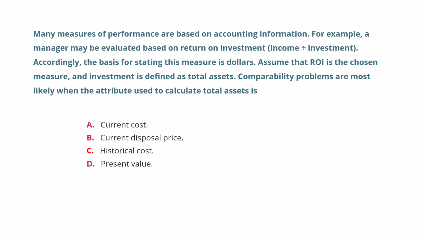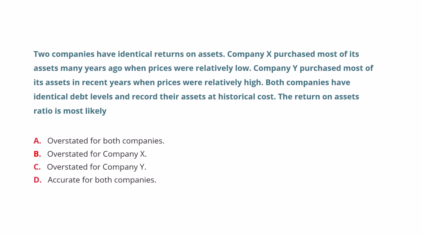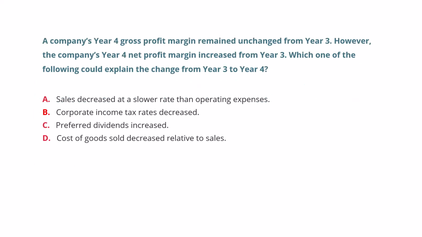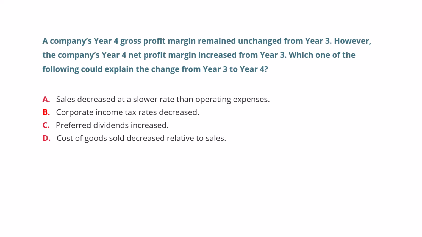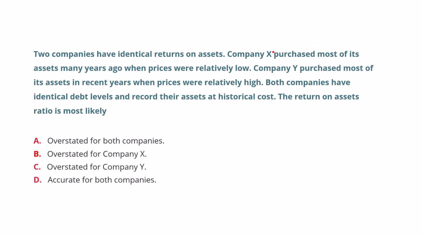This is similar to the earlier one, just a different way of asking it, testing the same concept. Here the correct answer is C, because when we use historical cost, it is very difficult to make a comparable comparison.